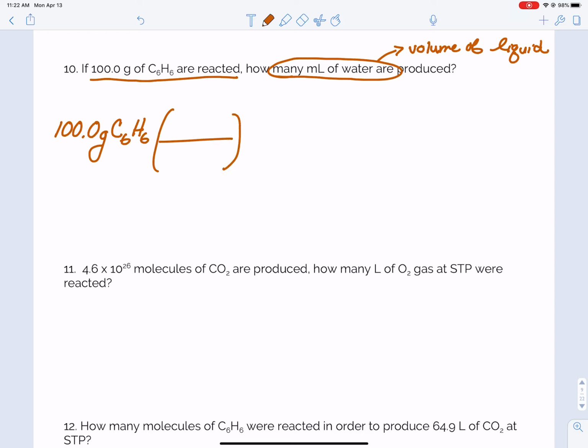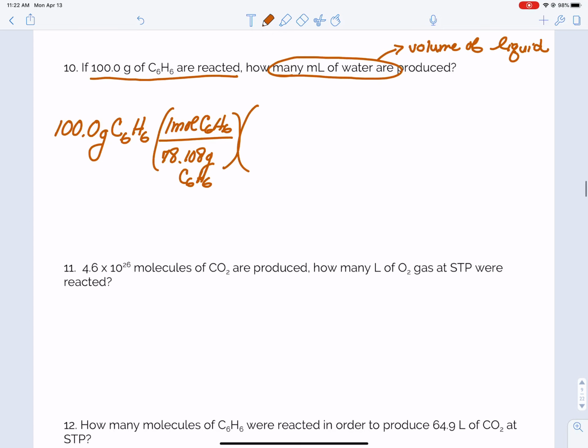If you go back to the map on the previous page, or you can look at it on your notes packet, if we start with grams, the first thing we do is we convert to moles. 1 mole of C6H6 grams, so this has to be the molar mass, 78.108 grams of C6H6. Now, since I have moles of known, I need to convert to moles of unknown.